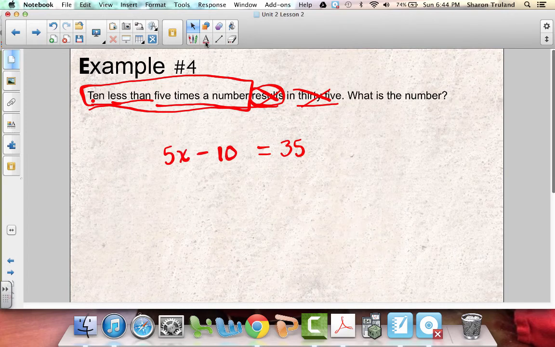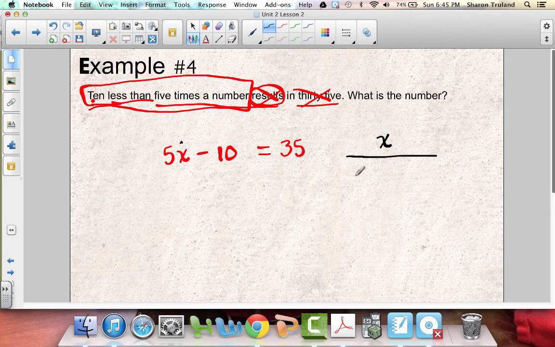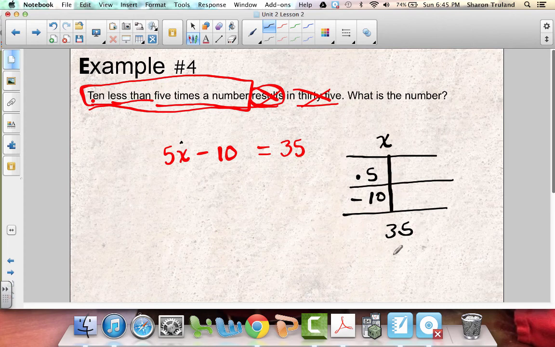All right, so now here we're going to kind of make our own chart. So I started with x, and let's see what happened to x. I multiplied it by 5, I subtracted 10, and that got me to 35. Okay, so let's undo the steps. So I have 35.